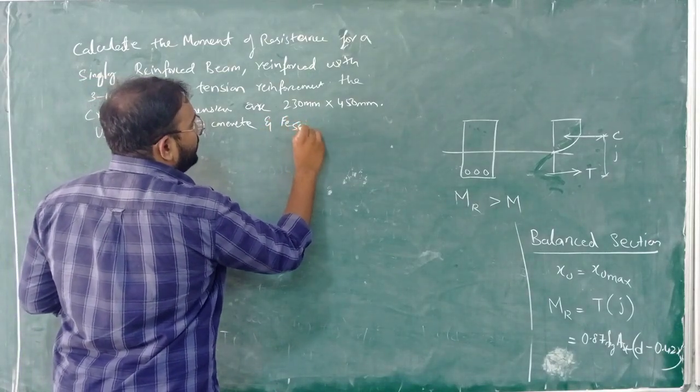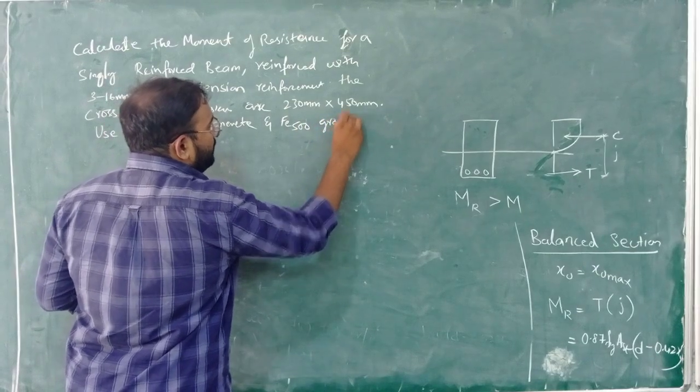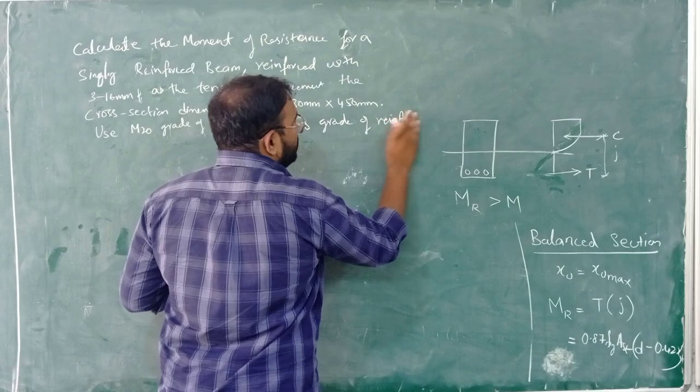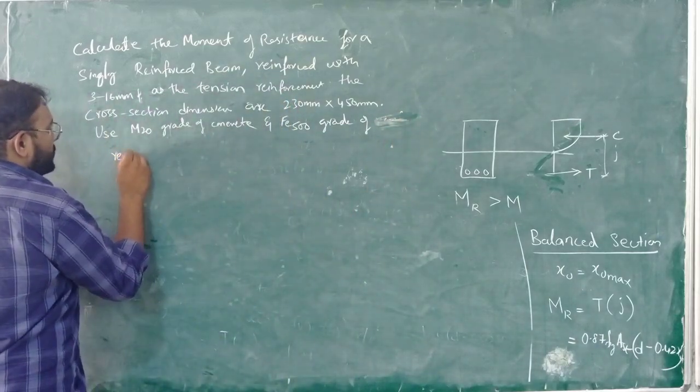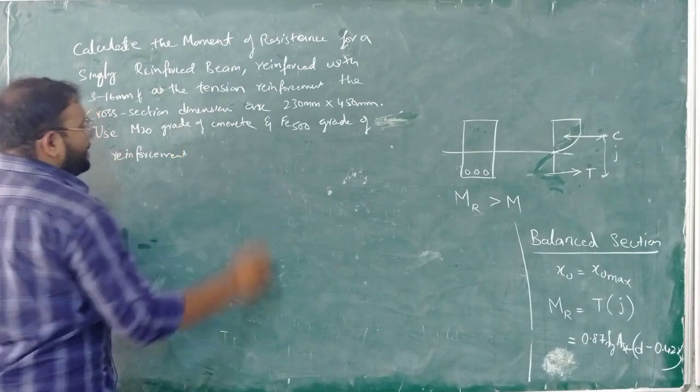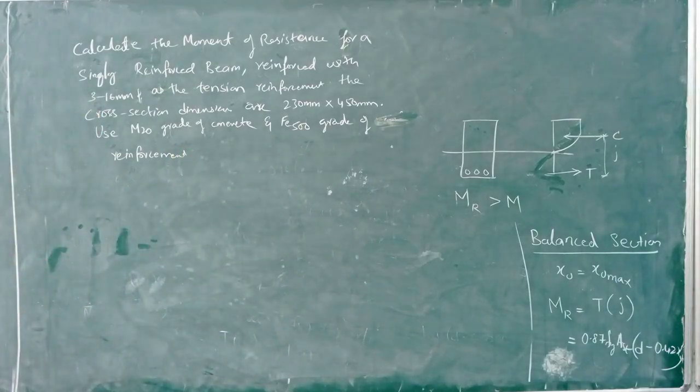The cross section dimensions are 230 mm by 450 mm.